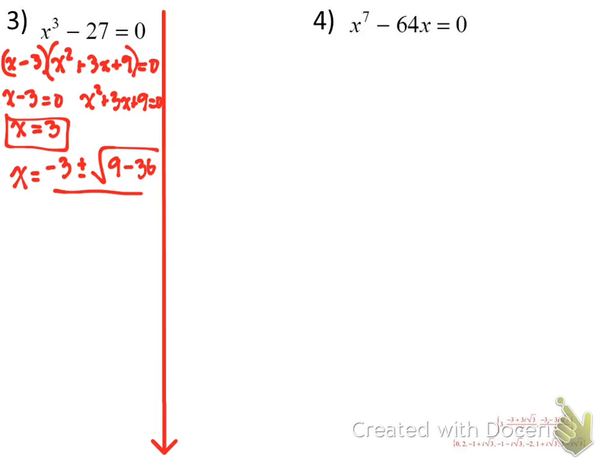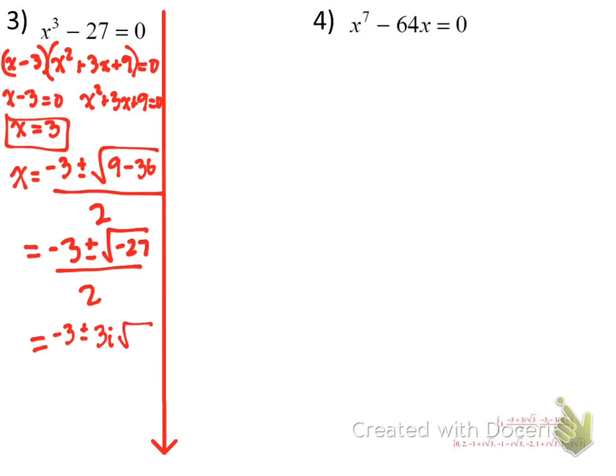Most of you had that. 2 times a is 2. Simplify. Negative 3 plus or minus the square root of negative 27 over 2. 27 is like 9 times 3. 9 is a perfect square. We don't like a negative in the square root, so it's going to be negative 3 plus or minus 3i rad 3 over 2. This is your second and third solution. Okay? Good?